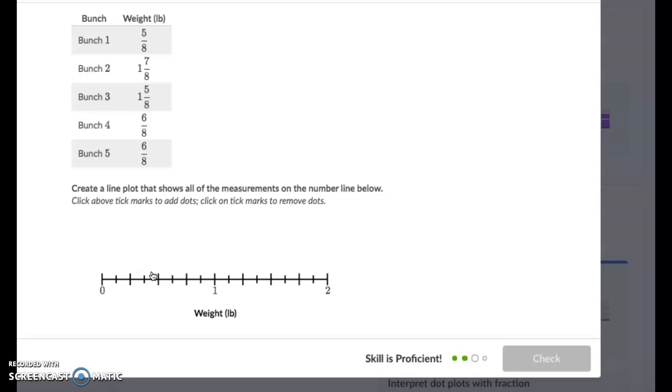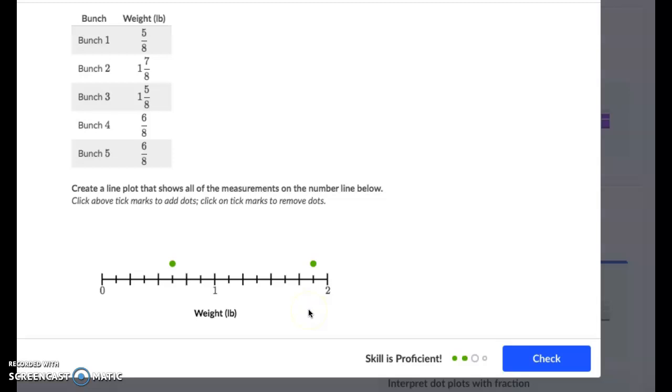So bunch 1 is at 5/8. So 1/8, 2/8, 3/8, 4/8, 5/8, and I need to put a dot. 1 and 7/8. So that's going to be 1 and then 1/8, 2/8, 3/8, 4/8, 5/8, 6/8, 7/8. So 1 and 7/8 is going to be right here.